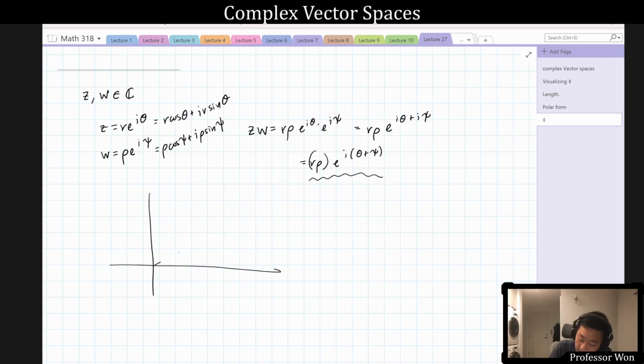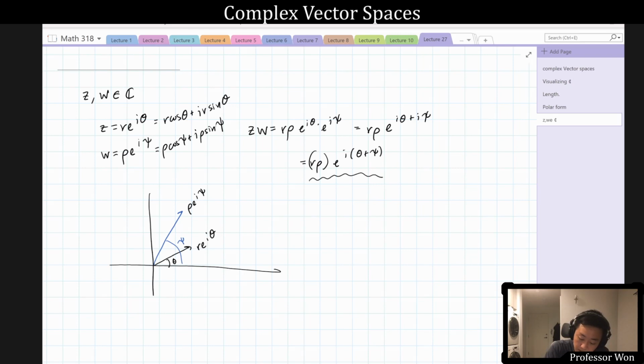Right, so maybe r e to the i theta is here, and maybe rho e to the i psi is here. So this is theta. Maybe I should have done this in a different color. This is psi. Well, their product will be, you add their angles.